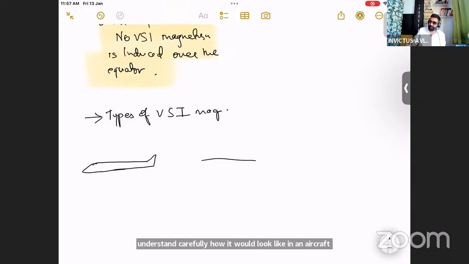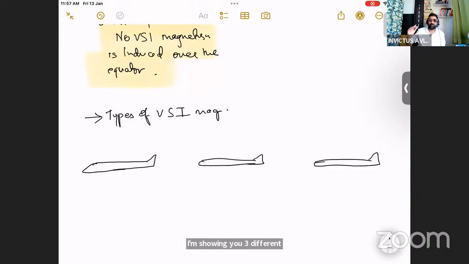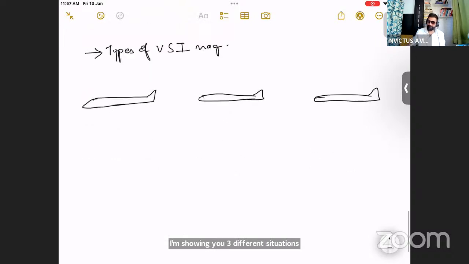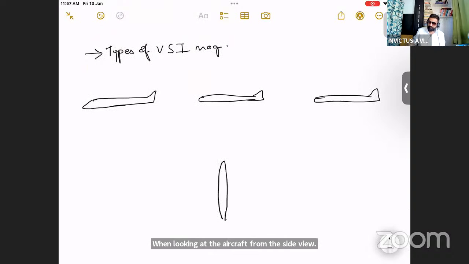I'm showing you 3 different situations when looking at the aircraft from the side view. Then I'm going to show you one situation to show you aircraft from the top view.